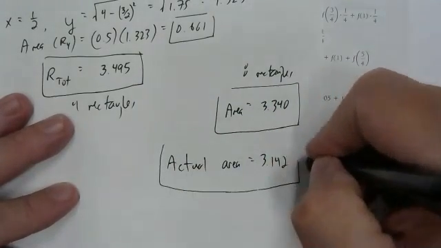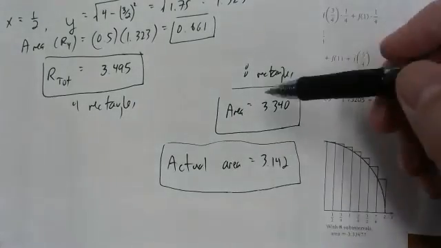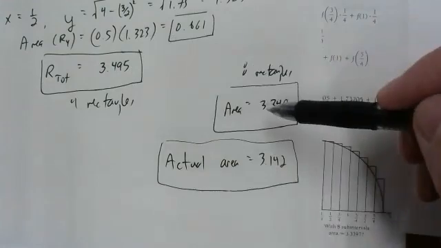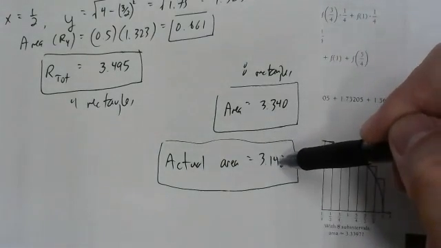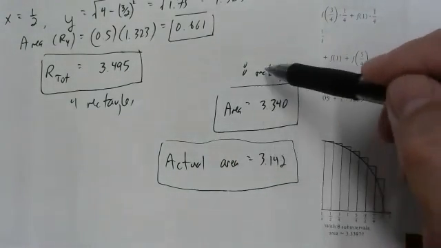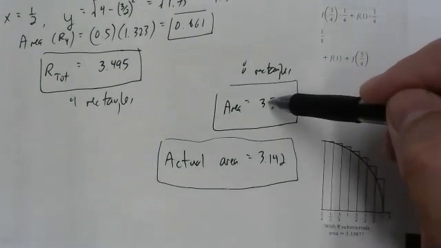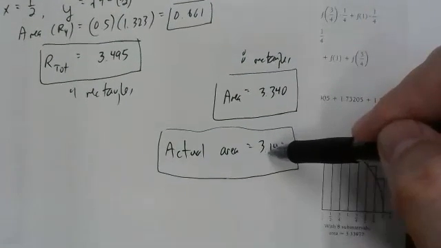So you can see the first one, 3.495, the actual 3.14. So it's a pretty big gap there. The next one, it's closer, right? 3.34. So the area dropped and it's getting closer to the actual.